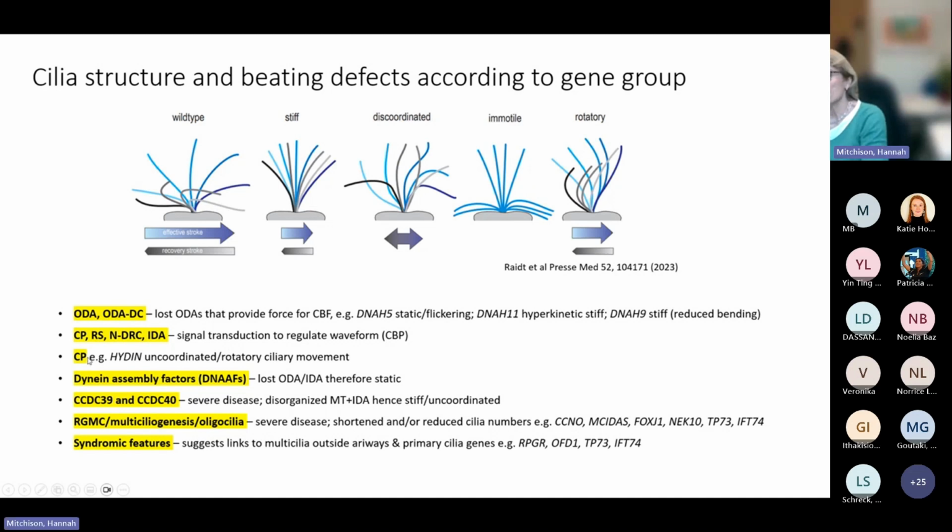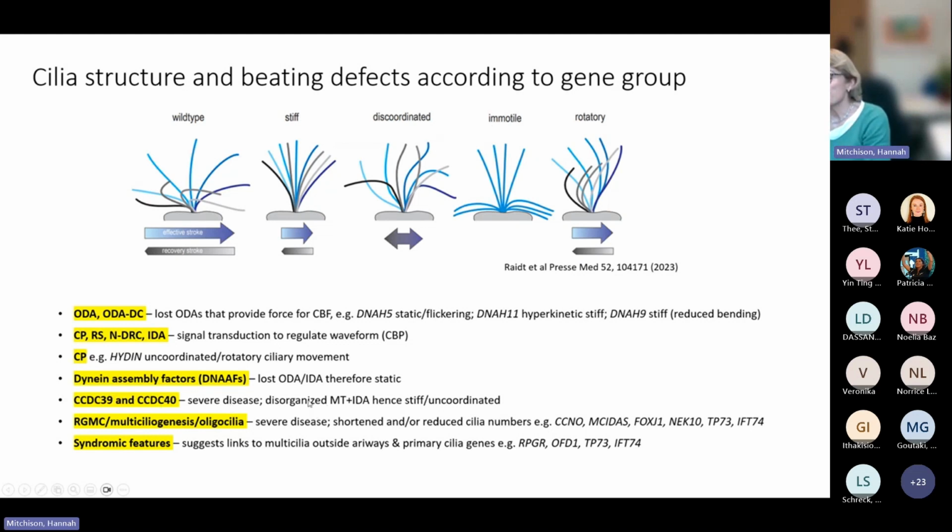So for example, with central pair defects, you get an uncoordinated and rotatory movement. With dynein assembly factors lost, where the outer and inner dynein arm is lost, for unknown reasons you lose both the inner and outer, and you're very static.